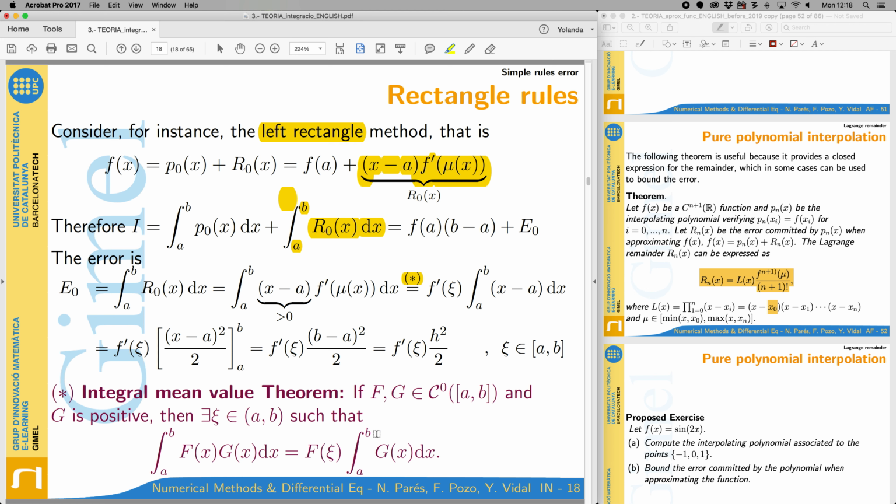I will post some references if you are interested in understanding this theorem better. Here I will just use it.